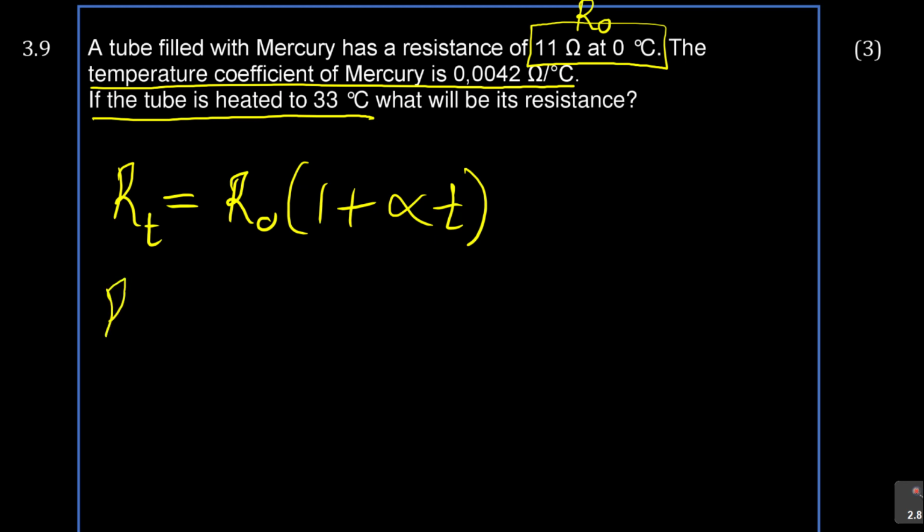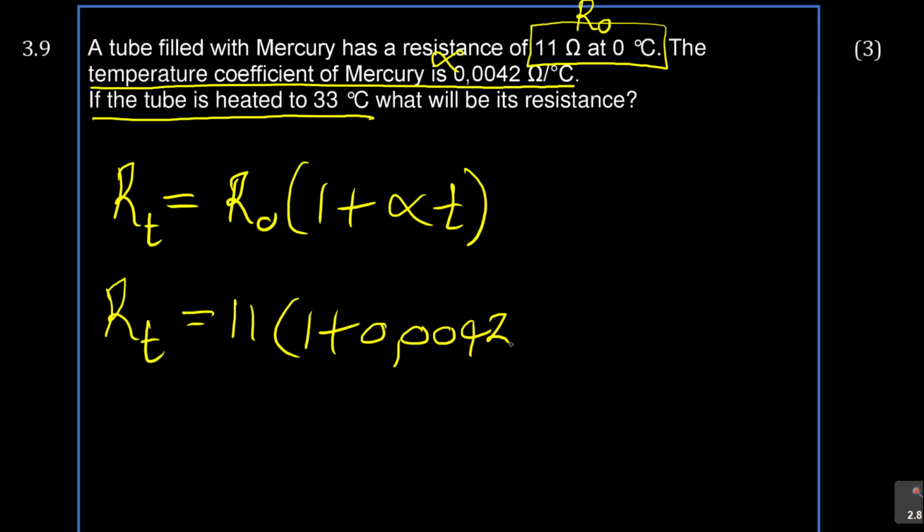So they want you to find RT as R0. They gave me 11, 1 plus the coefficient, which is that one, 0.0042. There is no micro, there is no milli, so it's already done. And then multiplied by my temperature, which is 33.